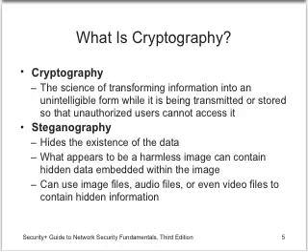So it's transforming that information into something unintelligible while it's being transmitted. It's going to be stored so that unauthorized users can't access it. And even if they did access it, without the right key to decrypt it, they're not going to be able to do much with it.